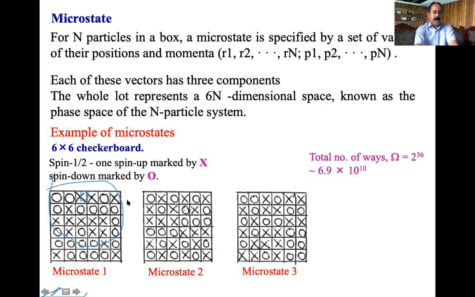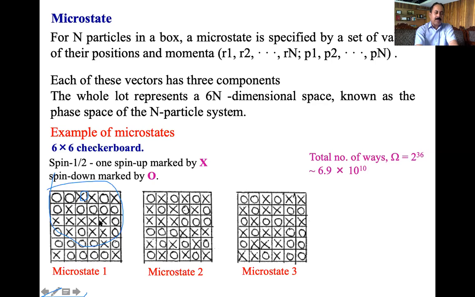Now see how many ways we can place the particles here. For example, say spin up: 1, 2, 3, 4, 5, 6, 7, 8, 9, 10, 11, 12, 13, 14, 15. So 15 spin up and 21 spin down.